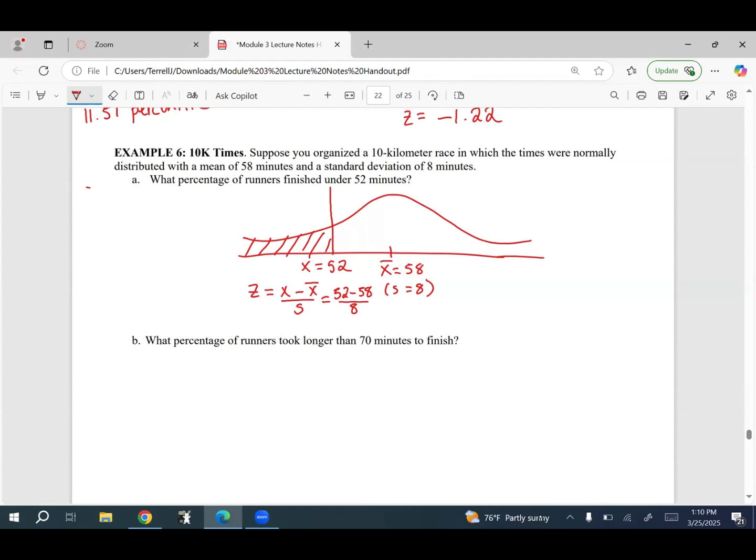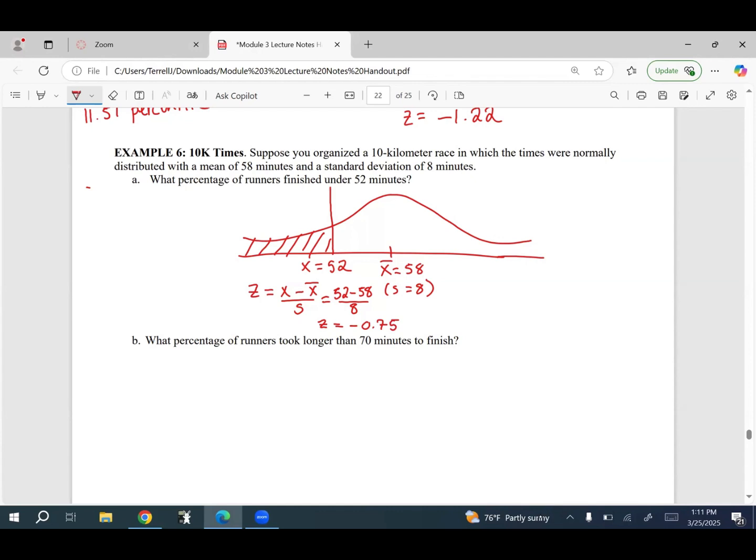If you subtract and divide by 8, you should get negative 0.75. So what we've just done is turn this value, 52, into a z-score. It means 52 is not quite one standard deviation away. It's about 3/4, or 0.75, standard deviations away from the mean.